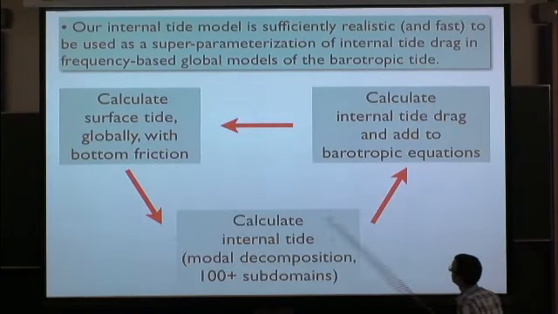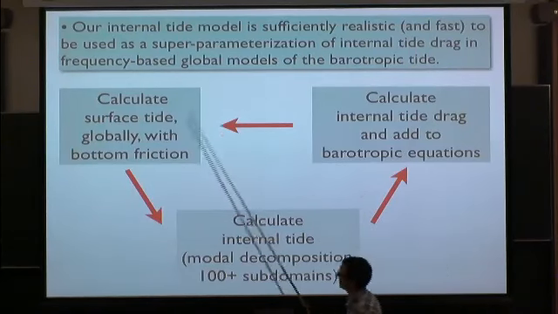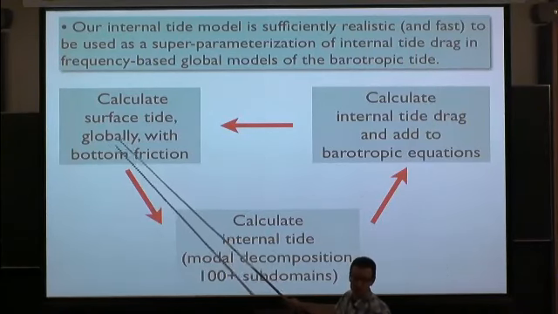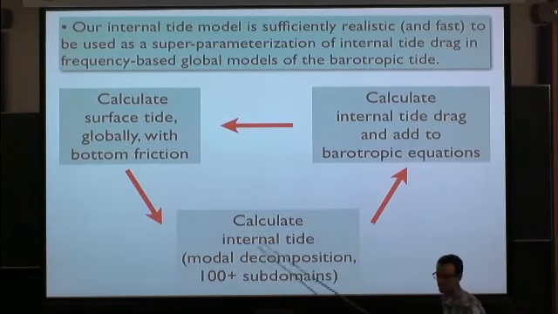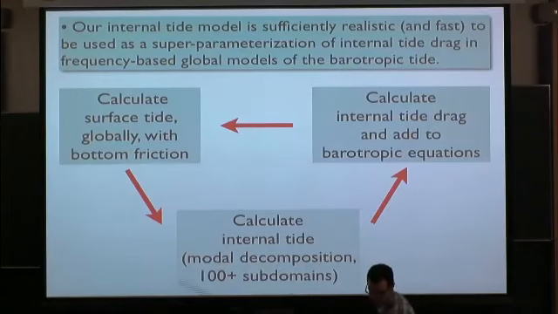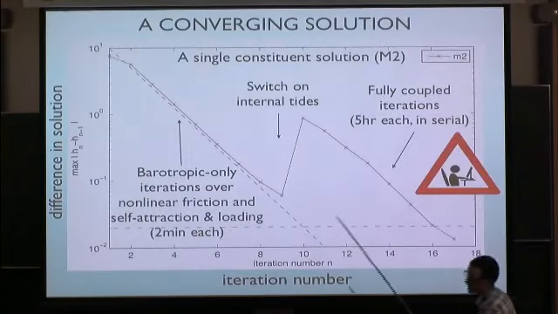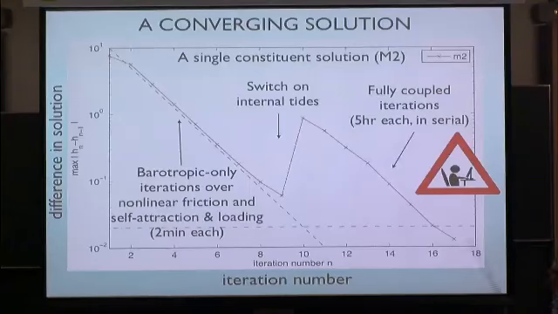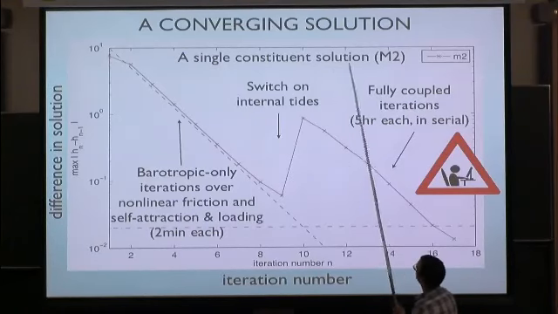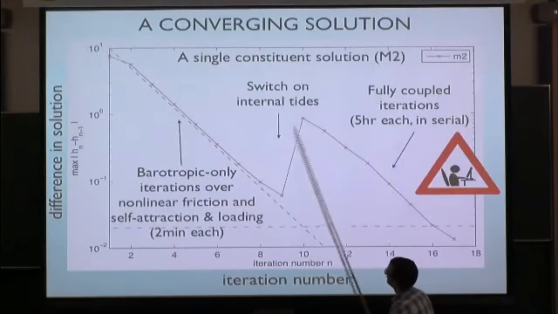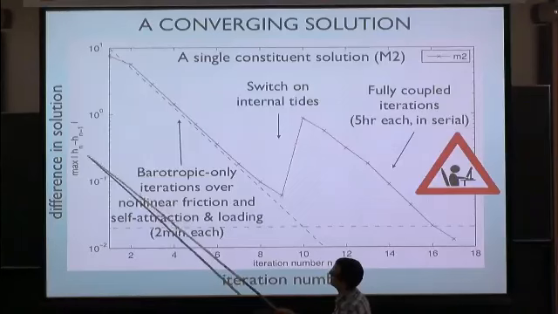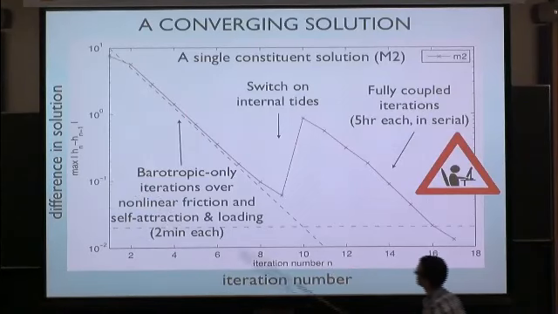So it's no real big problem. This is a kind of low resolution global model, and these are very high resolution local models. And it works sometimes at the moment. So here's a single constituent solution. This is a convergence plot of the difference between iterations as a function of iteration.